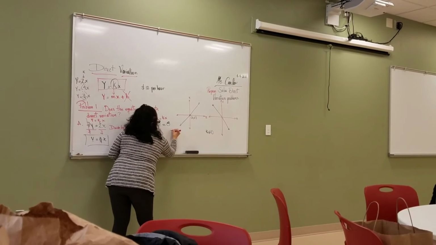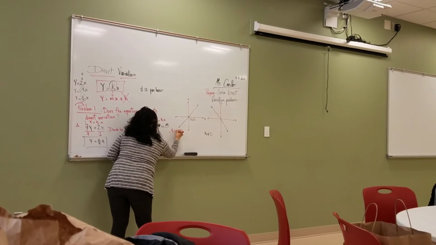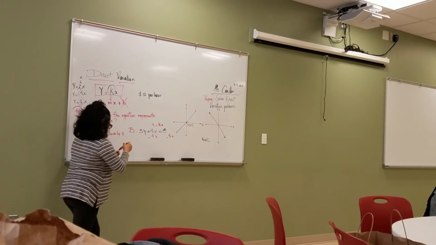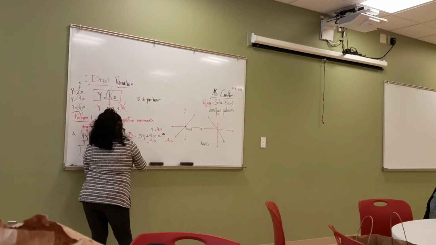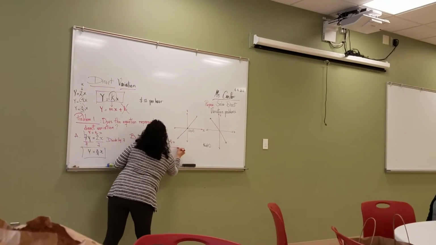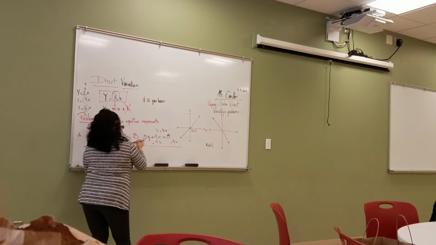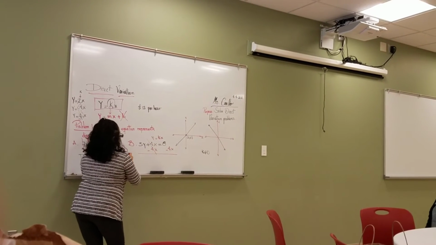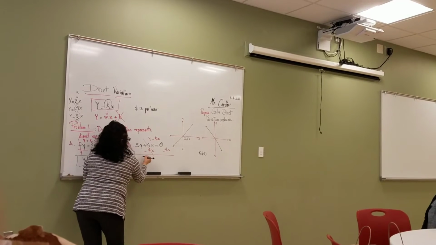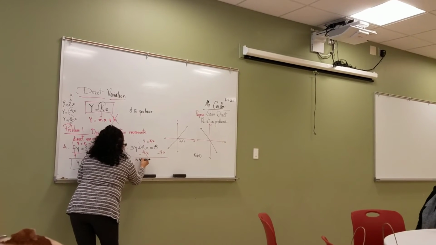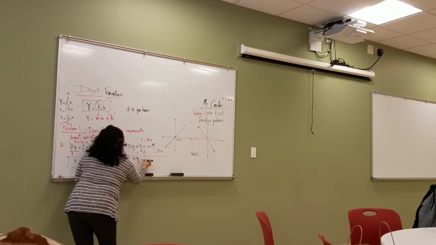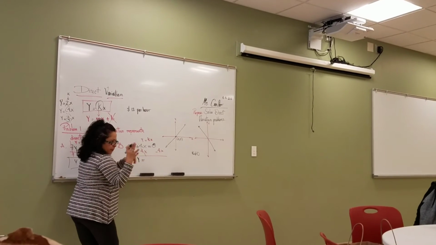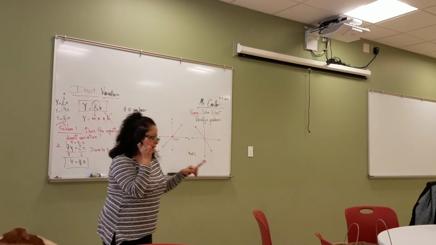So I can do 4x and take away 4x. I bring this back down, and that's 3y equals. Somebody said something about like terms.